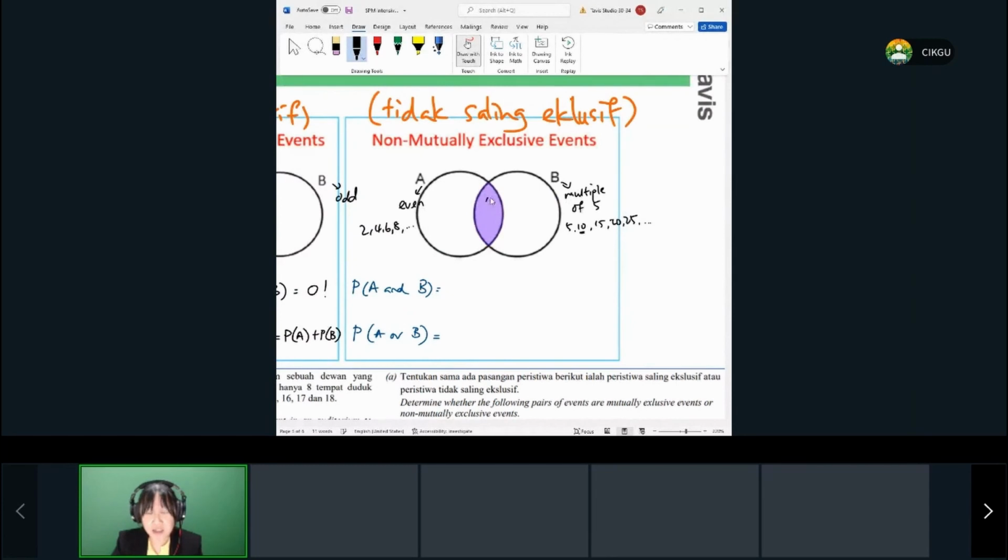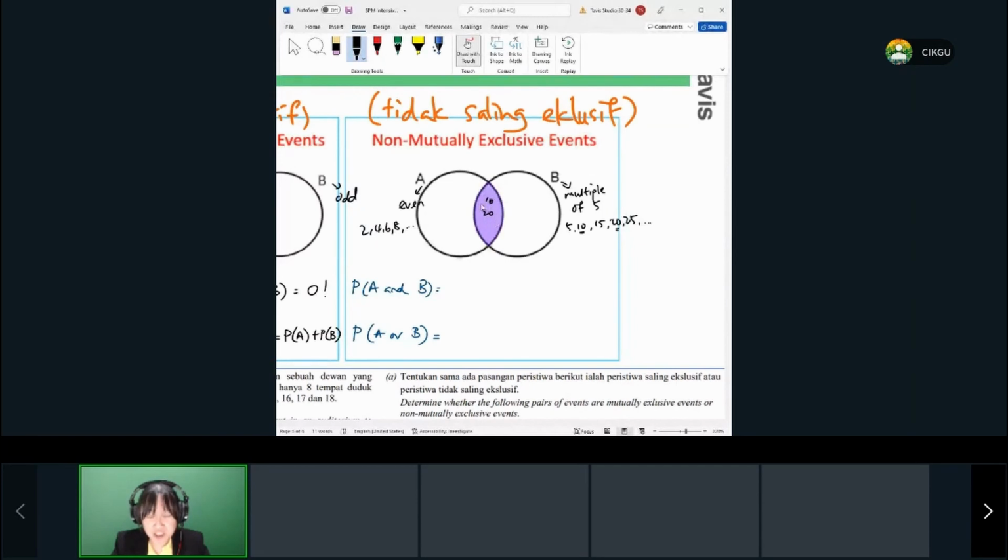So 10 would be here, it's shared. 20 is also shared, even and a multiple. So when you have an outcome that can satisfy both events, this is non-mutually exclusive. You don't need to memorize the term, but you get the point. That means if you draw it in set notation, they will overlap.